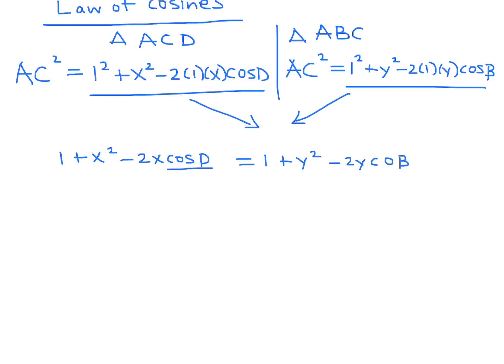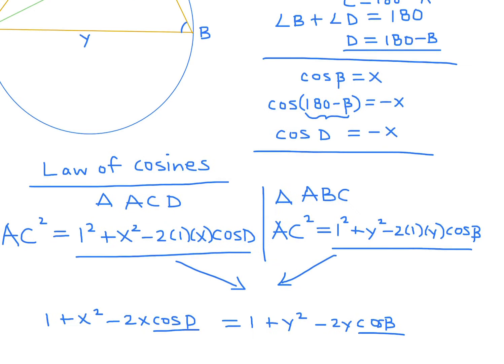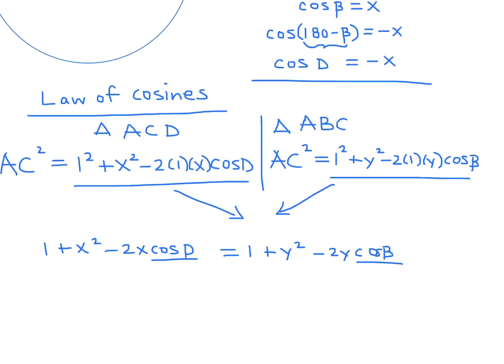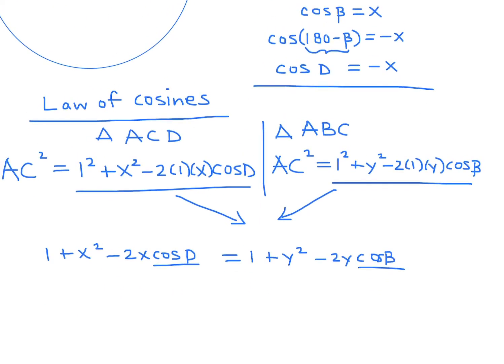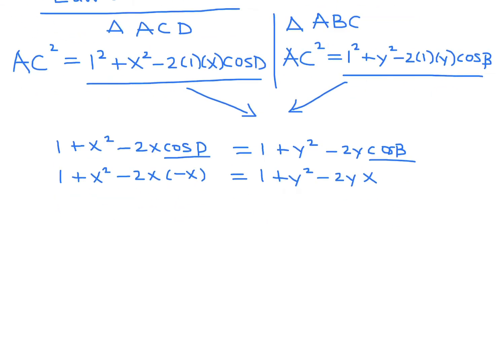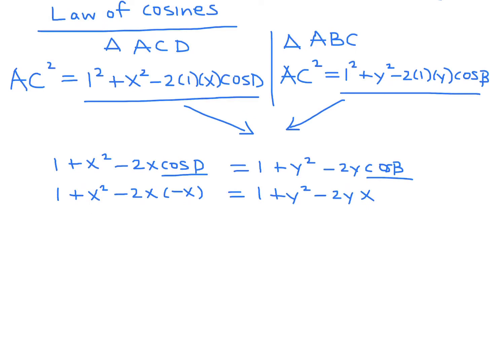Okay? Now the cos of D and the cos of B, we did figure out, at least in terms of a variable, up here. Cos of D is negative x, and the cos of B is just x. So 1 plus x squared minus 2x times cos D, which is negative x, equals 1 plus y squared minus 2y times cos B, which is just x. All right? So it did come in handy.